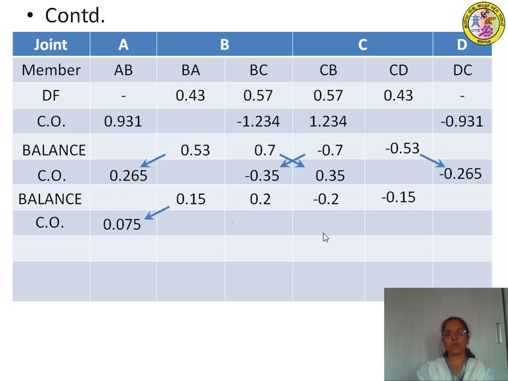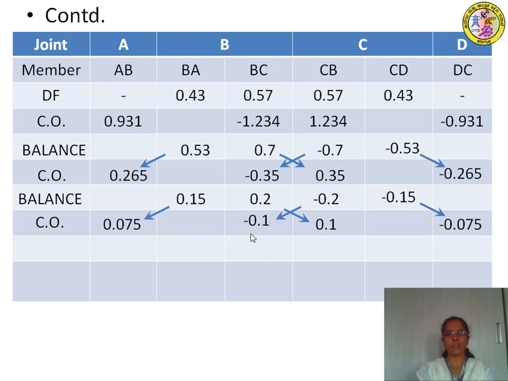From BC to CB, half of 0.2 will be equal to 0.1, and from CB to BC, half of minus 0.2 will be equal to minus 0.1, and from CD to DC, half of minus 0.15 will be equal to minus 0.075. So you cannot stop after carry over, you have to stop only after balancing.